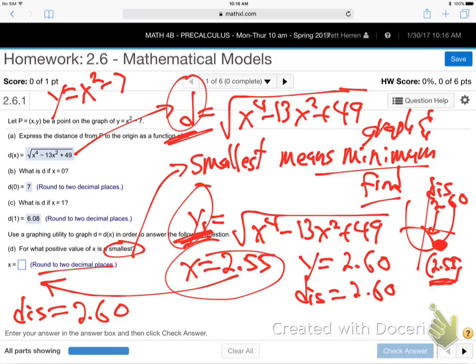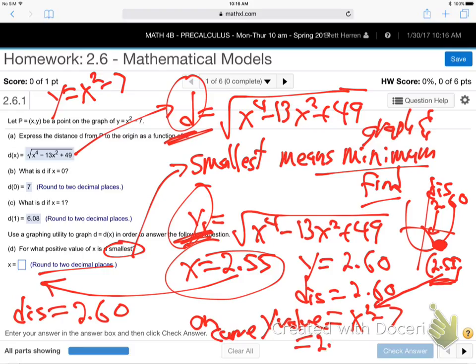So if they ask you for the on-curve y value, just remember y equals x squared minus 7. So take that x and plug it in. It's whatever 2.55 squared minus 7 is. Does that make sense then? Is everybody seeing that the original xy is actually x distance?